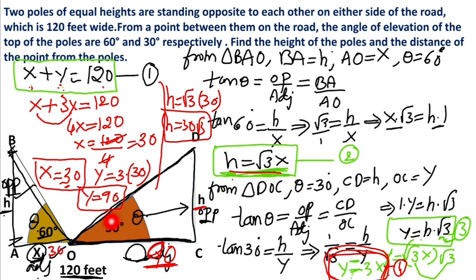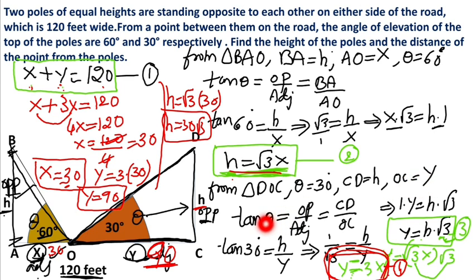And after that, consider the other triangle, that is DOC. Here at C there is a right angle, and the particular angle theta is here. DC becomes the opposite side and OC becomes the adjacent side. Theta is equal to 30 degrees, CD is equal to h, which is opposite, and OC is equal to y, which is adjacent.